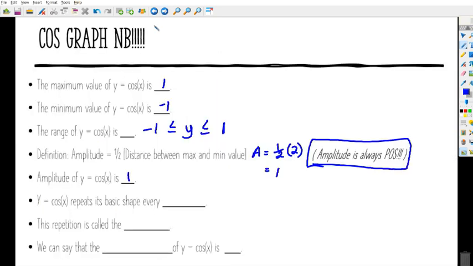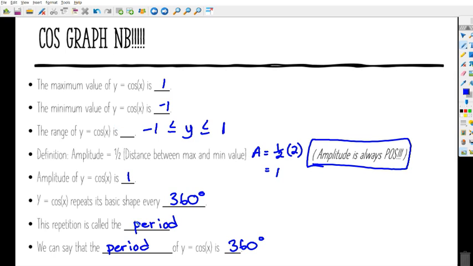So it repeats its basic shape every 360 degrees. This repetition is called the period, which you should know already from our previous video. So the period of y equals cos of x is 360 degrees.